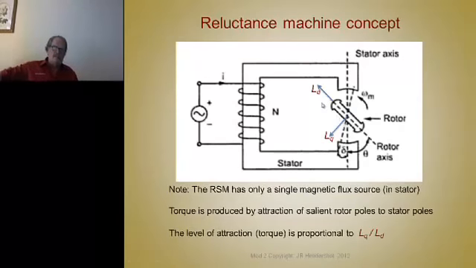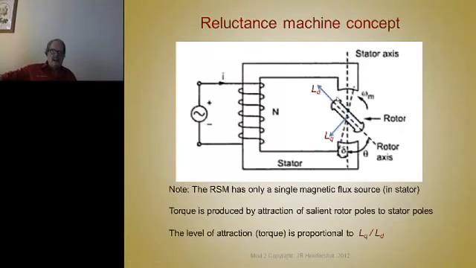If we position this rotor part on the shaft vertical like that, so that this is sitting in there and this is sitting in there, we have a minimum air gap in the circuit. We only have a tiny little air gap there and a tiny little air gap there.